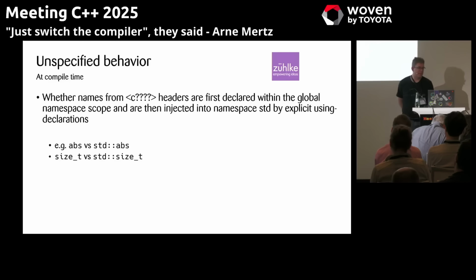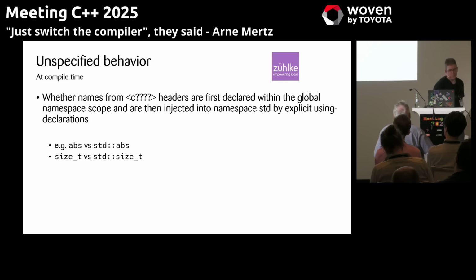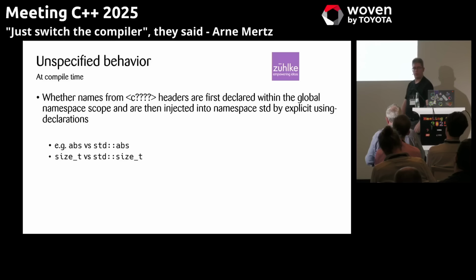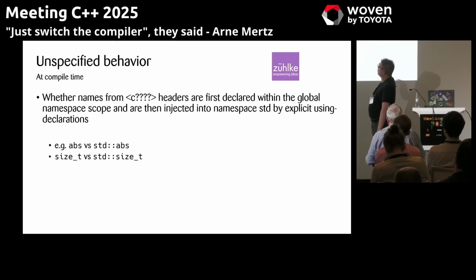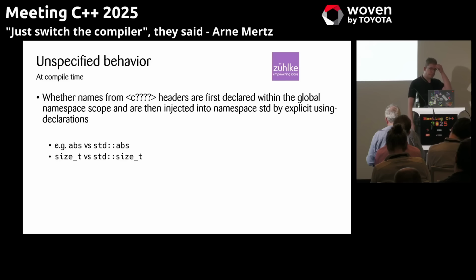Then we have unspecified behavior. Whether names from the C compatibility headers are defined in the global namespace, where they belong according to the C++ standard, or in the std namespace is implementation-defined, so it depends on your library.